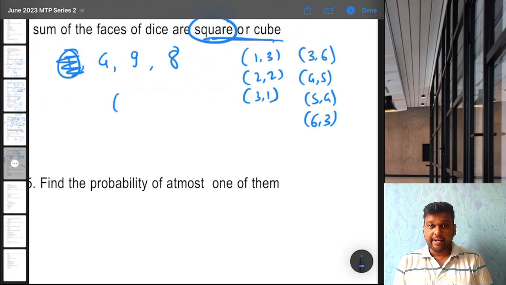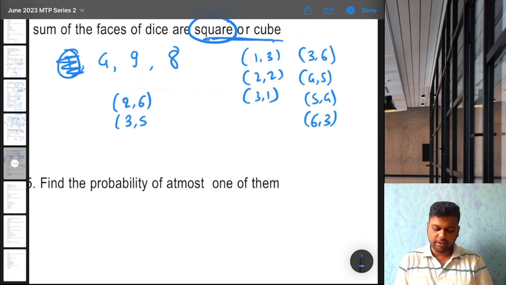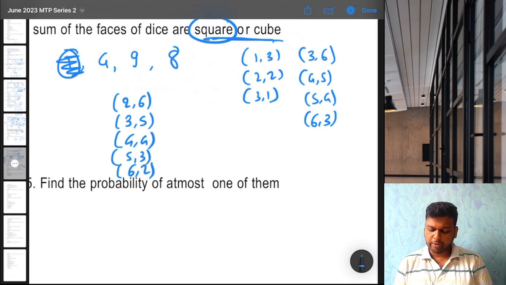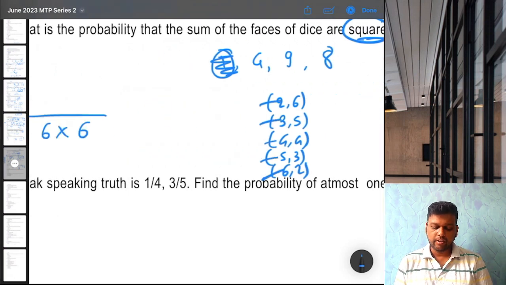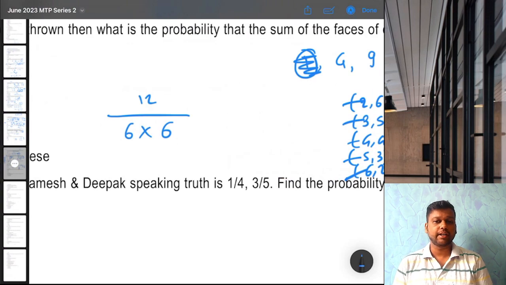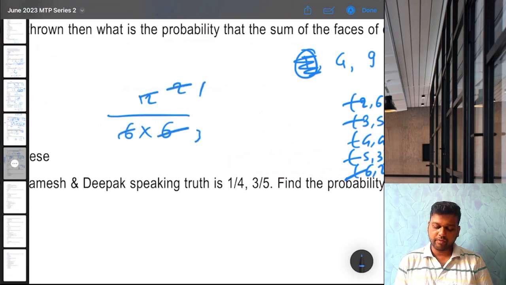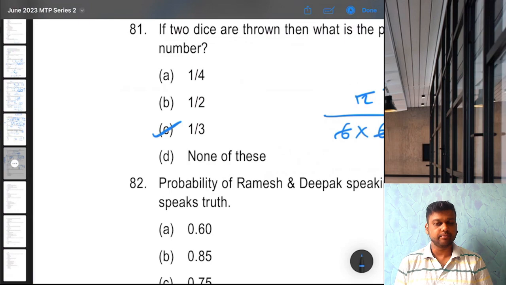We can get 8 by 2 plus 6, right? Lowest number is 2, fine. Then 3 plus 5, 4, 4, 5, 3, and 6, 2. So how many pairs are there? 1, 2, 3, 4, 5, 6, 7, 8, 9, 10, 11, 12. So 12 by 36 is the correct answer. So that is going to be 1 by 3, which is option C.